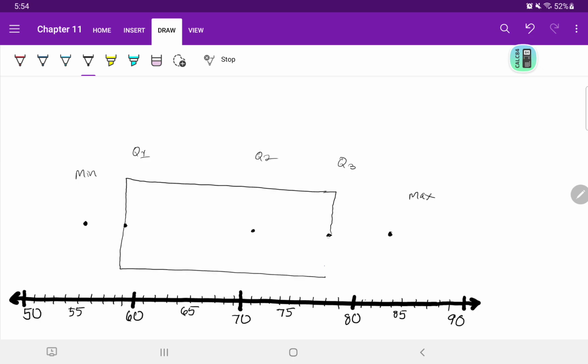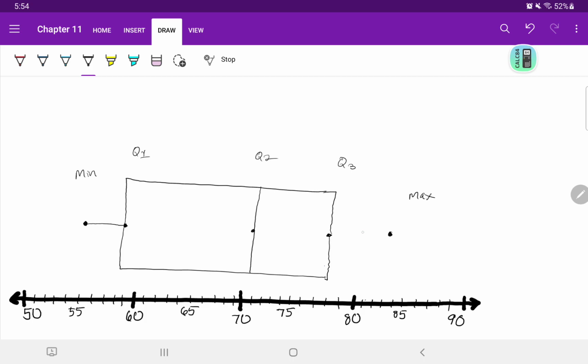Now, you know, drawing is not my strong suit, so it can be a struggle sometimes. After you do that, you're going to draw a vertical line through the second quartile. After you do that, you're going to connect the minimum and first quartile together.